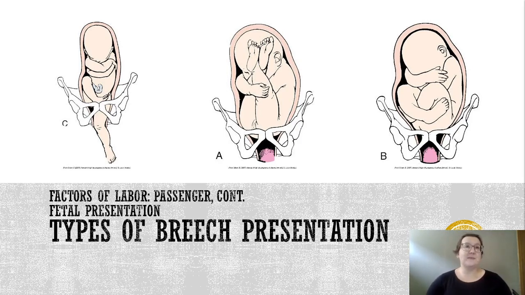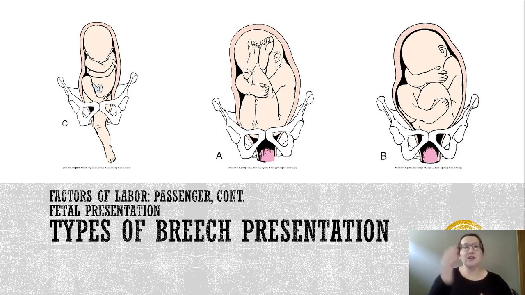Well, you need something hard against that cervix in order for it to do that normal dilation process. We have soft butt versus a firm head. The firm head is much more efficient at doing that cervical dilation than the soft butt will do.